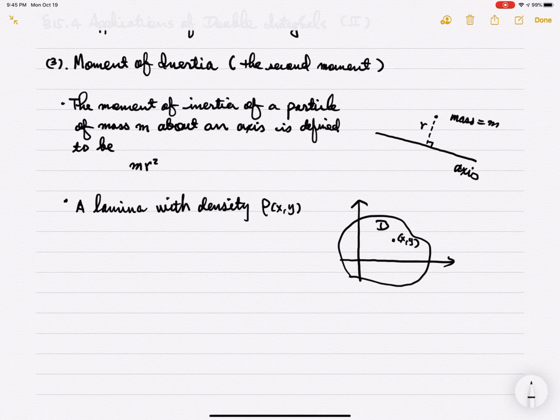And then we can define the moment of inertia about the x-axis.